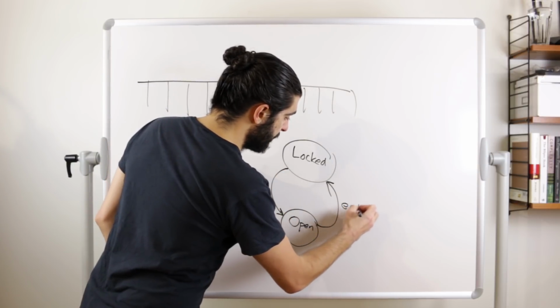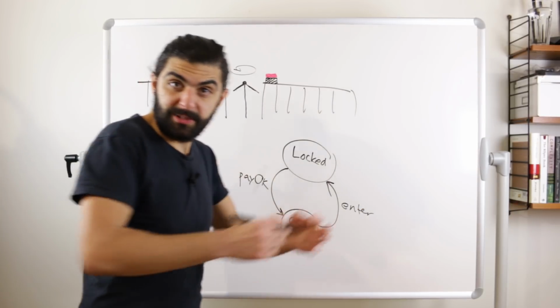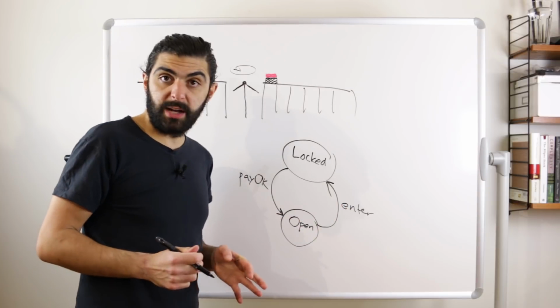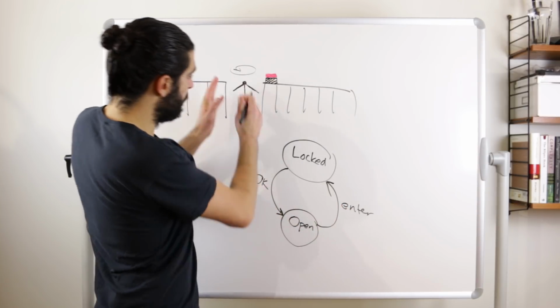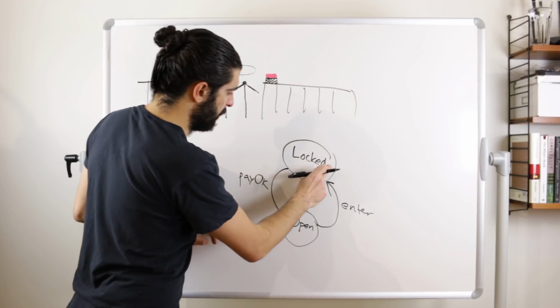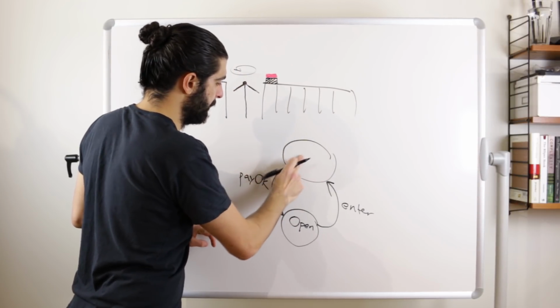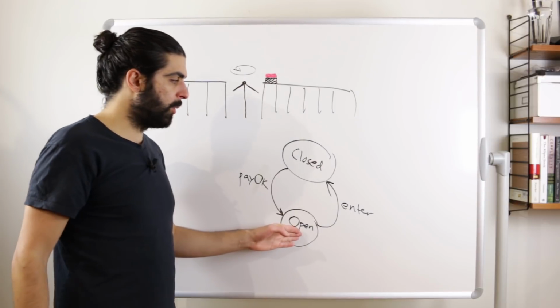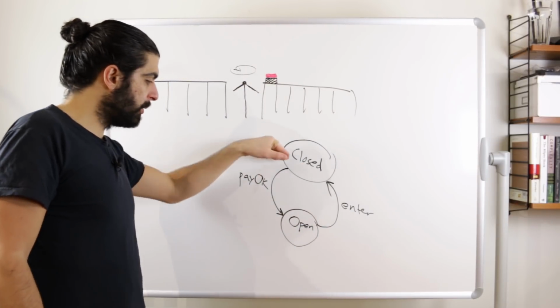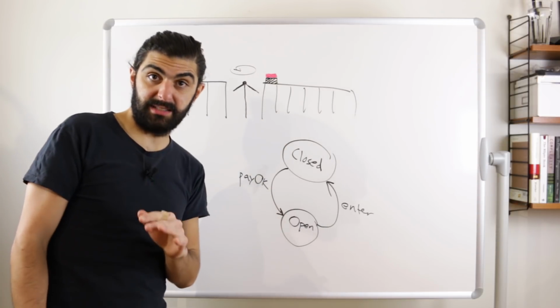So if we enter, since we've only paid for a single person, we need to transition from having the turnstile open to now being locked. Actually, let's call it closed. This sounds strange if we say open. Closed. So we go from open to closed. But we said that when we pay, we go from closed to open if we have the necessary funds.